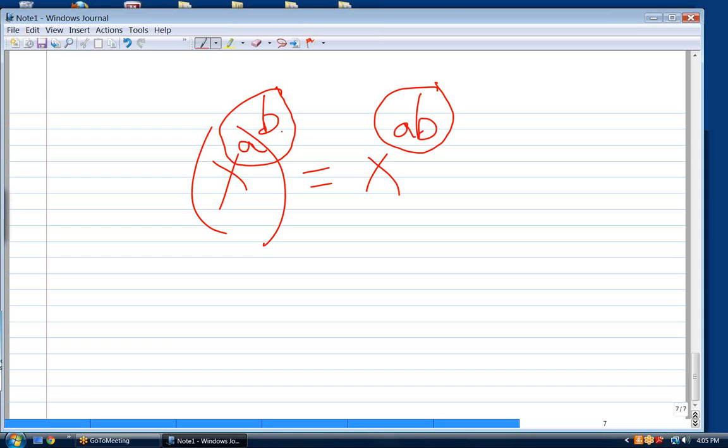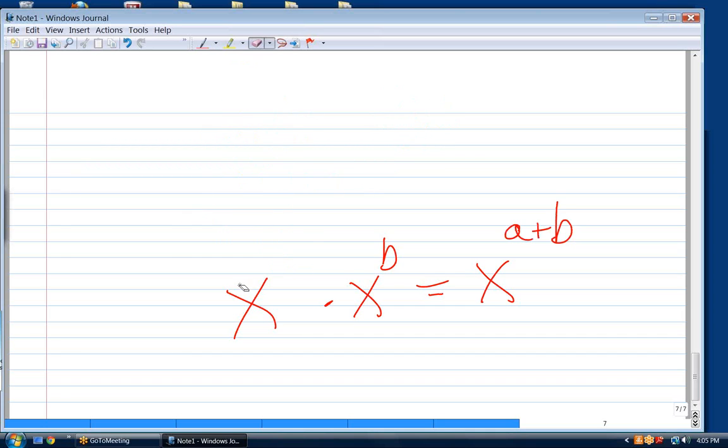Multiplication's one level less than exponentiating, just like if we're multiplying, we're going to add, and addition is one level less than multiplication. So rules for exponents, just remember that when you have the same base, you do one level less with their exponents.